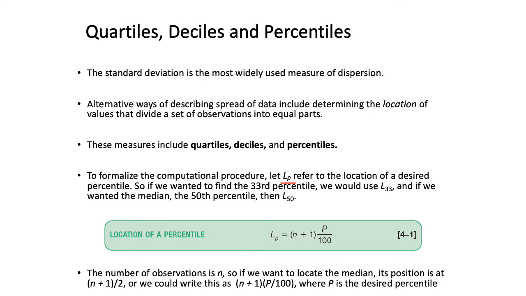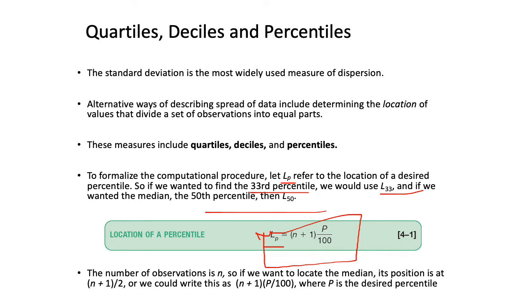So if we want to find the 33rd percentile, we would use L33. If we want the 50th percentile, we'd use L50. This location is basically telling us exactly where to find those specific percentiles P relative to the data set.